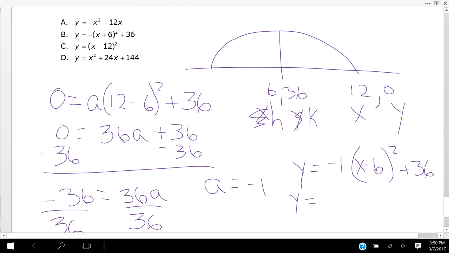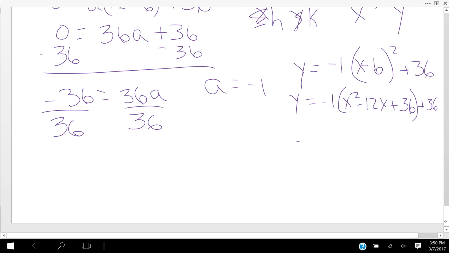Y equals -1 times x squared minus 12x plus 36 plus 36, negative x squared plus 12x minus 36 plus 36.